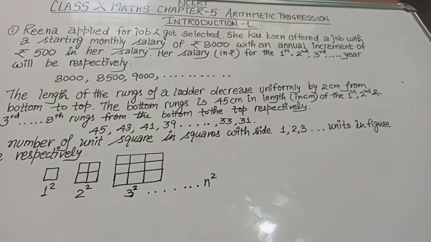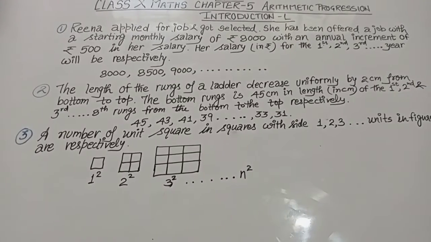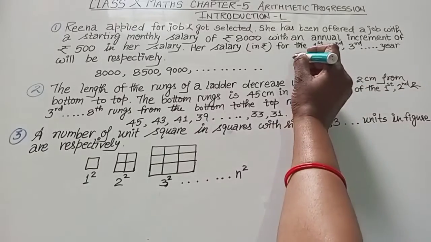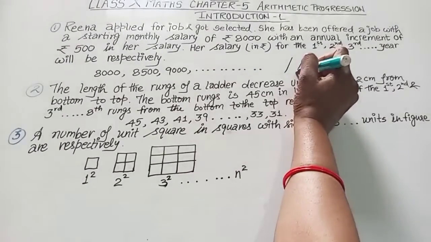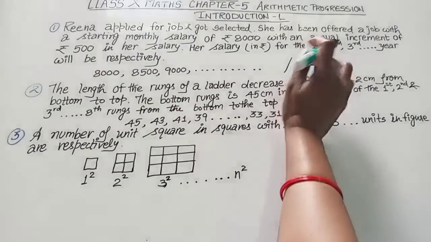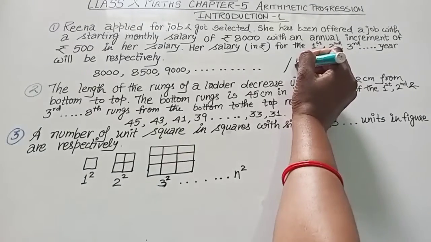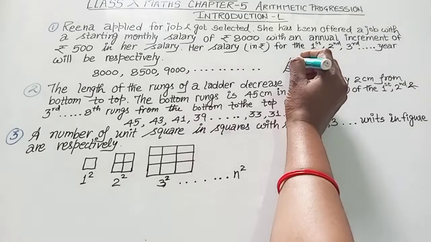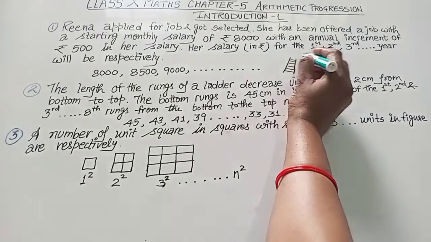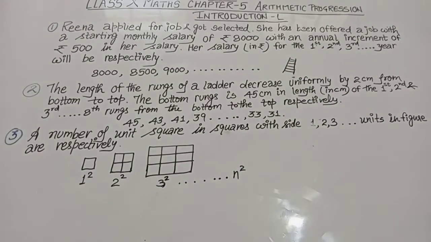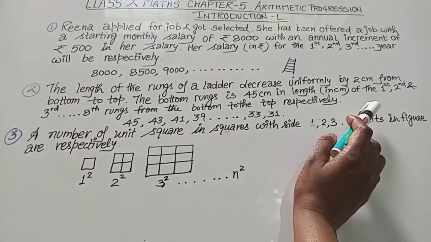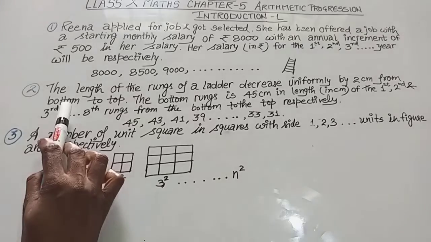Next, the second is the length of the rungs of a ladder. Here is a ladder, from the bottom to the top. The length of the rungs of a ladder decreases uniformly by 2 centimeters from bottom to top.